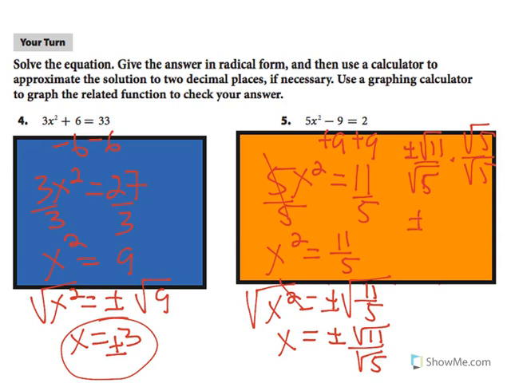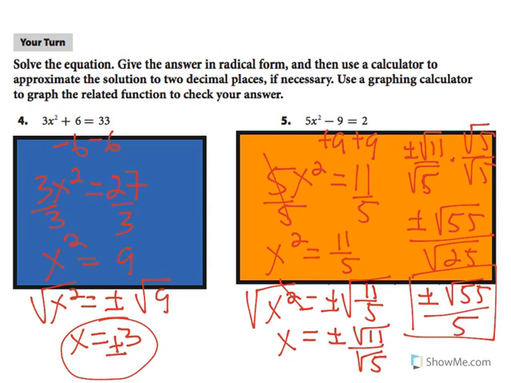So this gives us plus or minus square root 11 times 5 is 55, and square root 5 times square root 5 is square root of 25. But square root 25 can also be reduced, so it's over 5. Okay, so this is our answer for number 5.